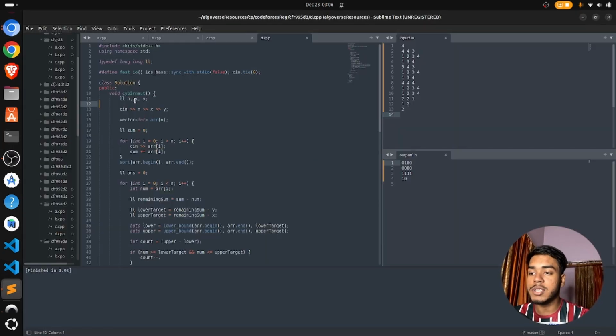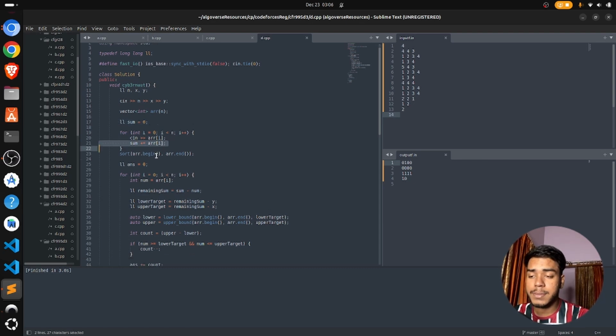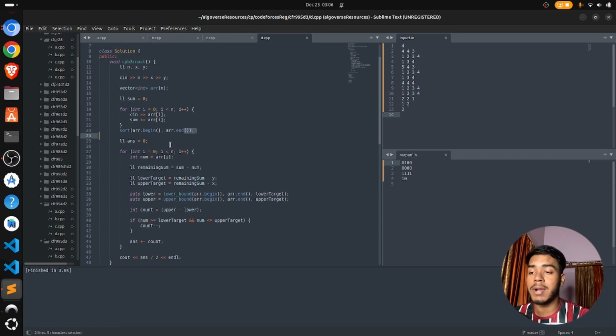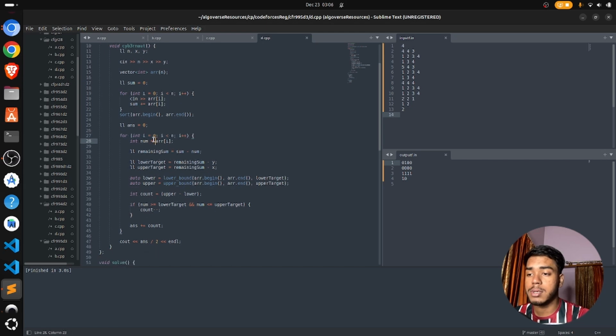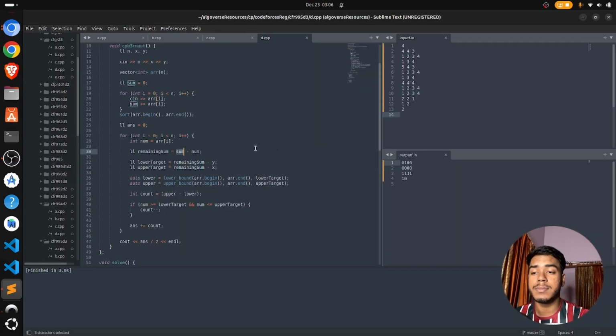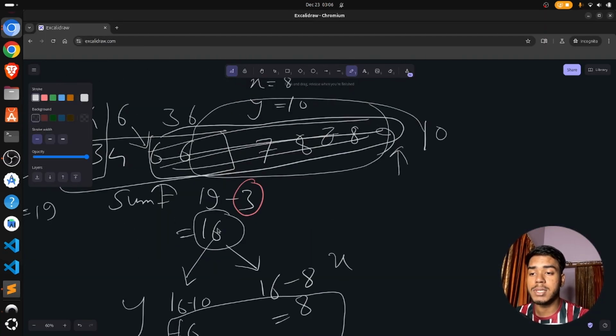So first of all, we will input our n, x, y, then we'll declare our array and our sum, I will calculate the sum also. After that we are sorting our array and declaring our answer as 0. And as I told, we are iterating from 0 to n, where our num is array of i, and the remaining sum is sum minus num, which is here 16.